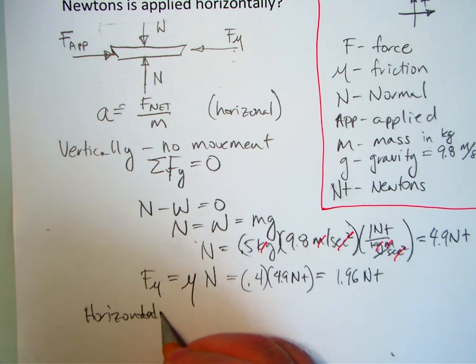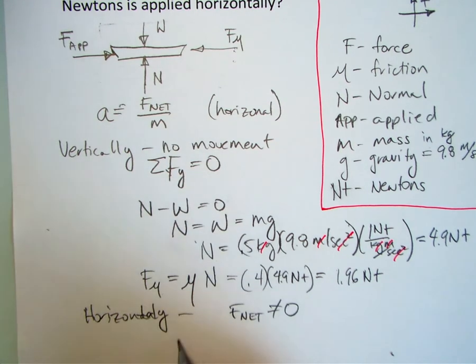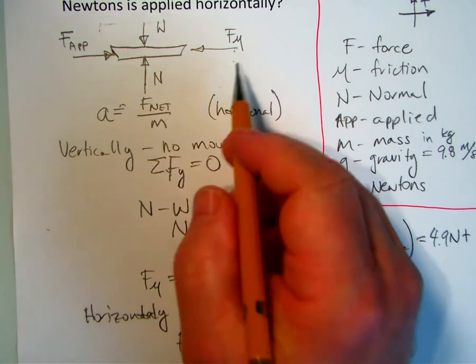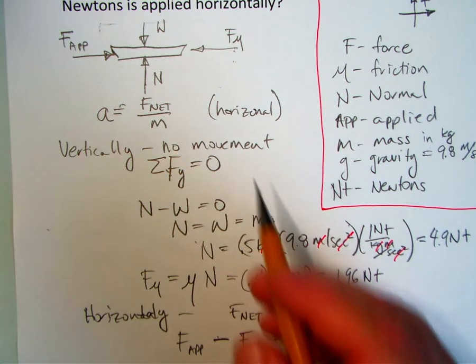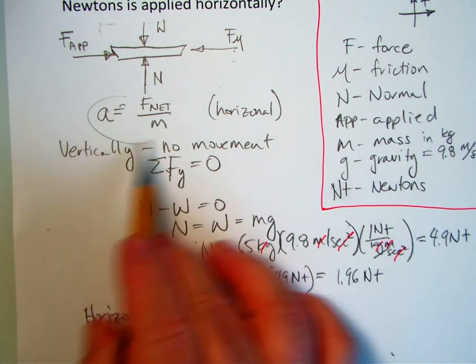Horizontal. Is not equal to 0, right? So we have the applied force minus the friction force, okay? And what's that going to be equal to? That's equal to mass times acceleration, remember? Okay, up there.